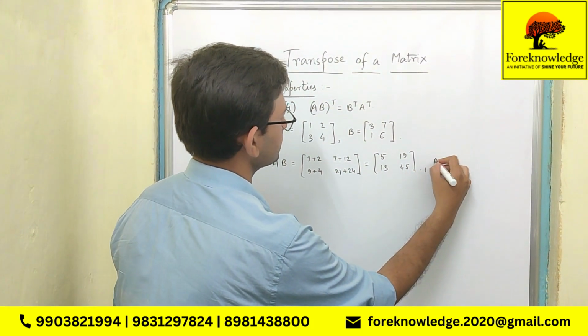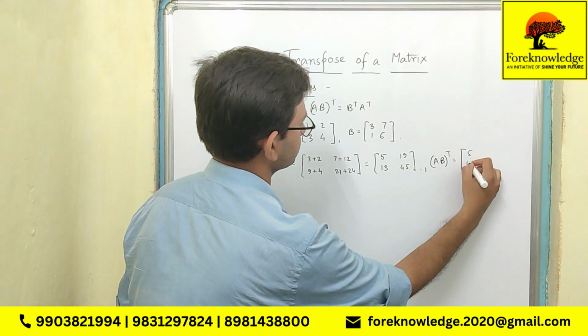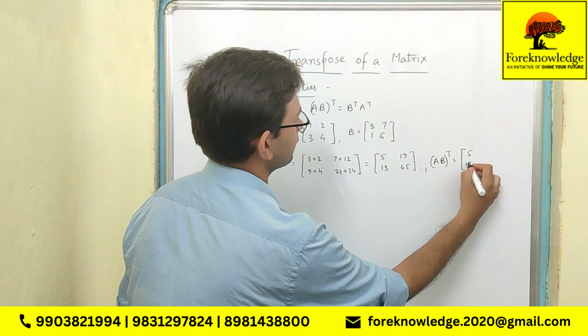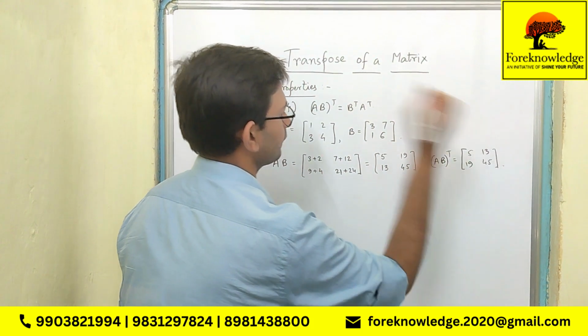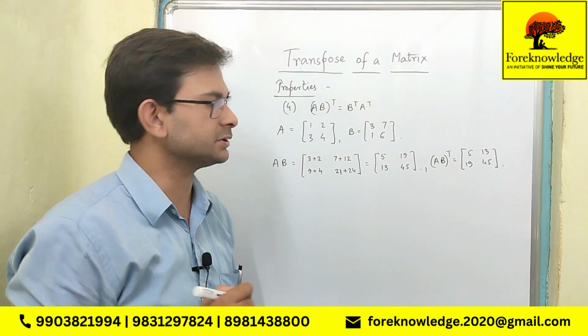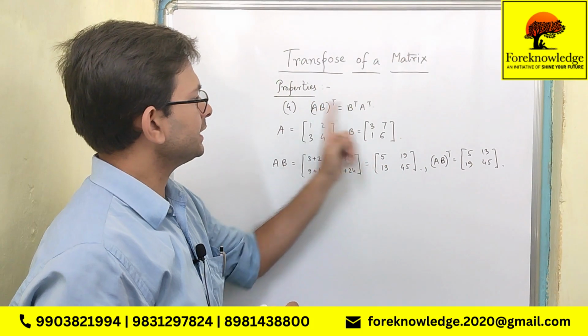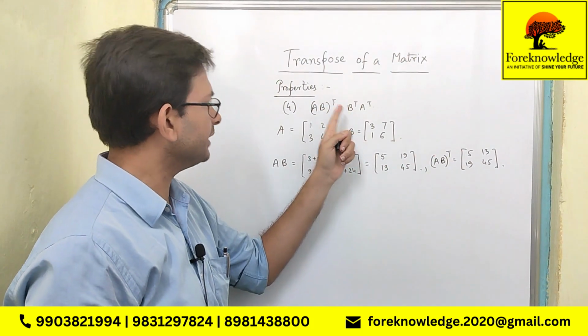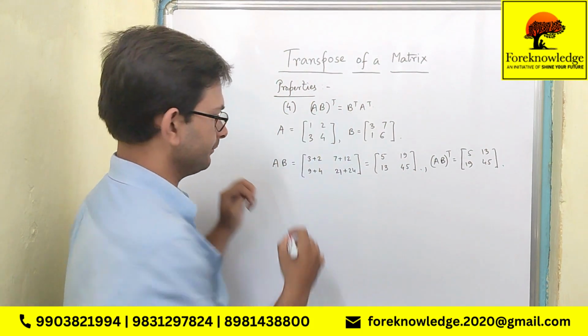Now AB transpose will be 5, 19, 13, 45. This is what AB transpose is. Now we have got the left hand side, AB transpose. We need to find B transpose first, A transpose second, and then we have to multiply them.